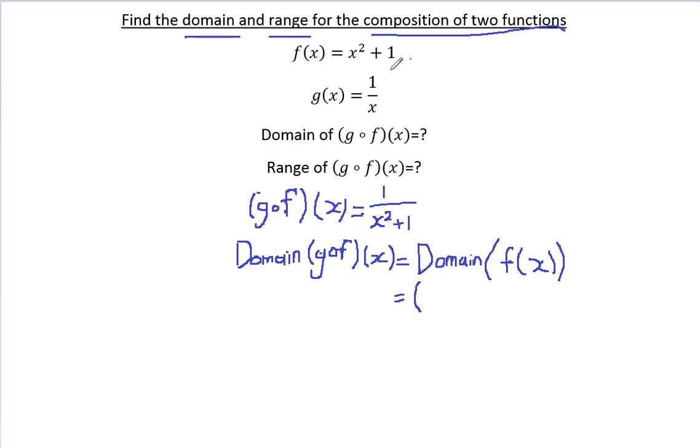And when x is more than 0, there is also a definite value for f(x). Hence it's minus infinity to infinity. So we have already solved our domain for g(f(x)). Now for the range, we plug in the domain interval here.